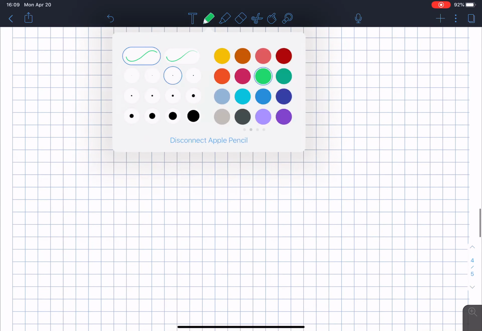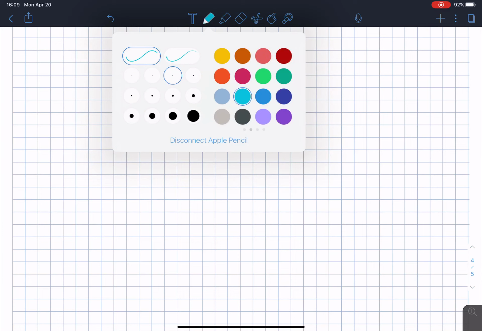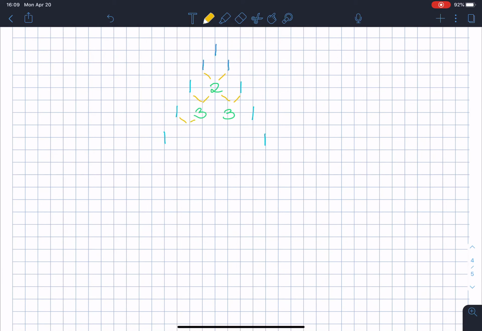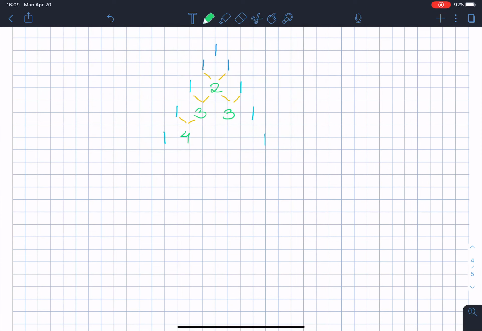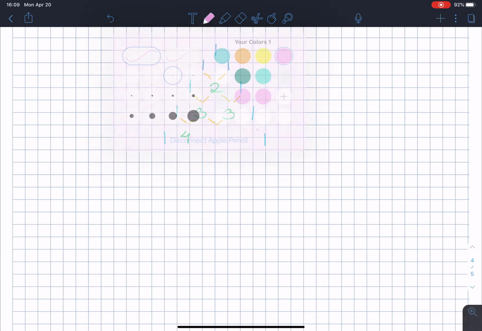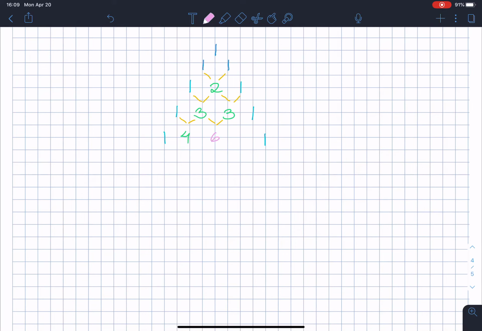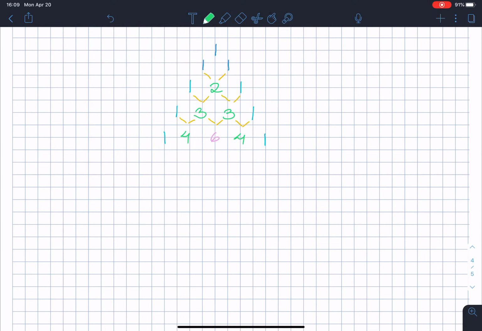Okay, so now I begin the next row with 1, and end the next row with 1. Do the same thing. What is the sum of 1 and 3? That's 4. What is the sum of 3 and 3? Oh, that's 6. What is the sum of 3 and 1? Well, that's 4. And we can keep on doing this forever.